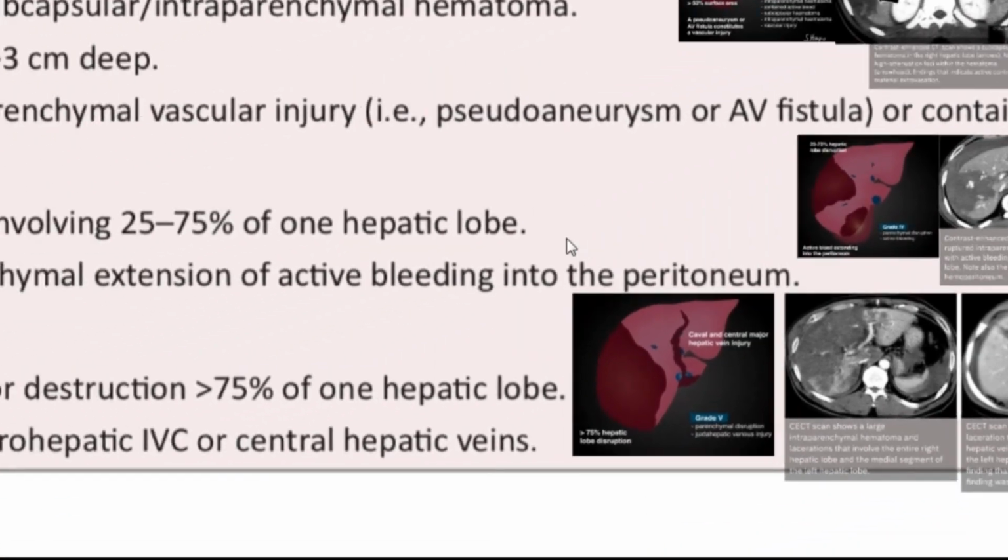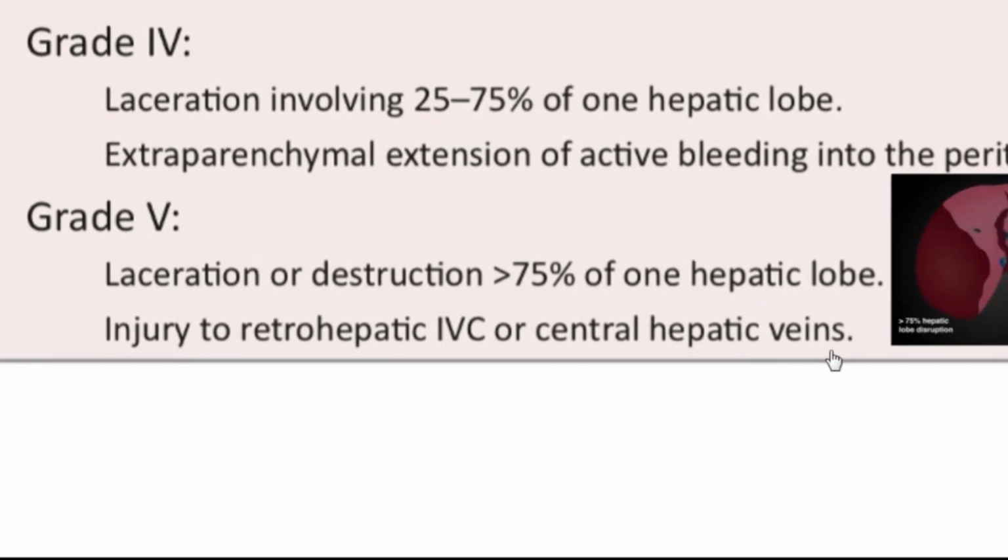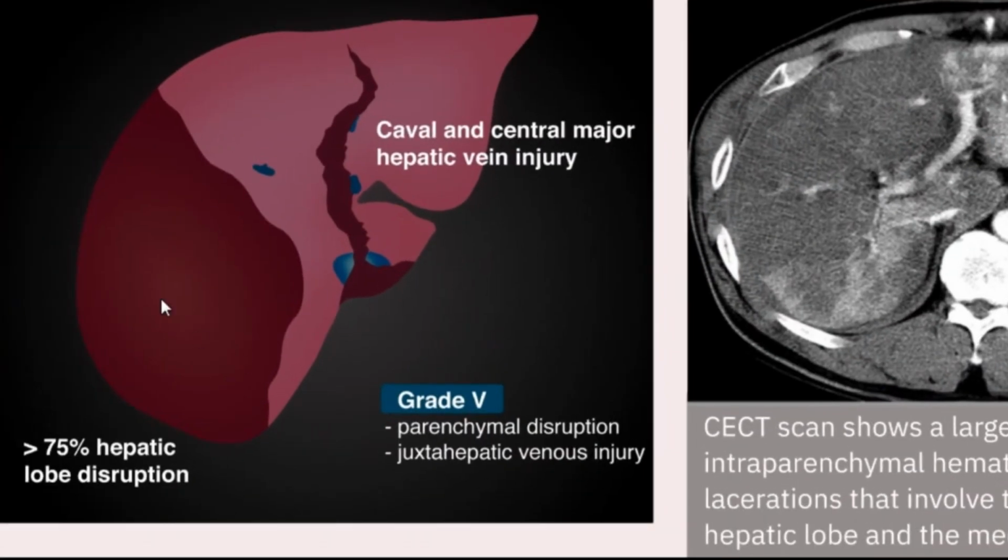Okay, now the last grade is grade 5. Of course, when you have the laceration destruction of more than 75% of one hepatic lobe or injury to the major vessels, whether inferior vena cava or the central hepatic veins. So we can see the area of parenchymal damage or parenchymal disruption more than 75% of the hepatic lobe.